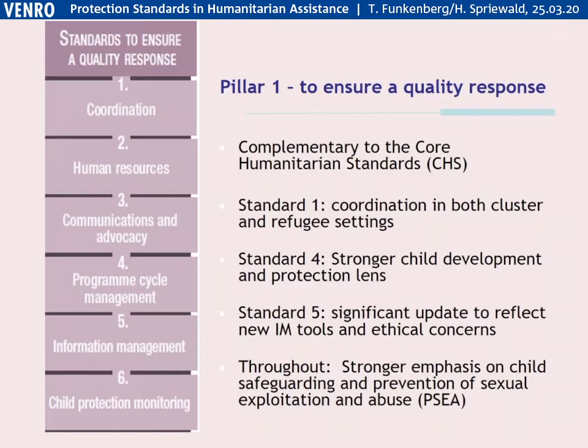For example, in the design and planning of a project, you include a child protection risk assessment, and the results of the risk assessment will flow into the design of the project. There's a stronger emphasis now in humanitarian action on safeguarding and also on the prevention of sexual exploitation and abuse.